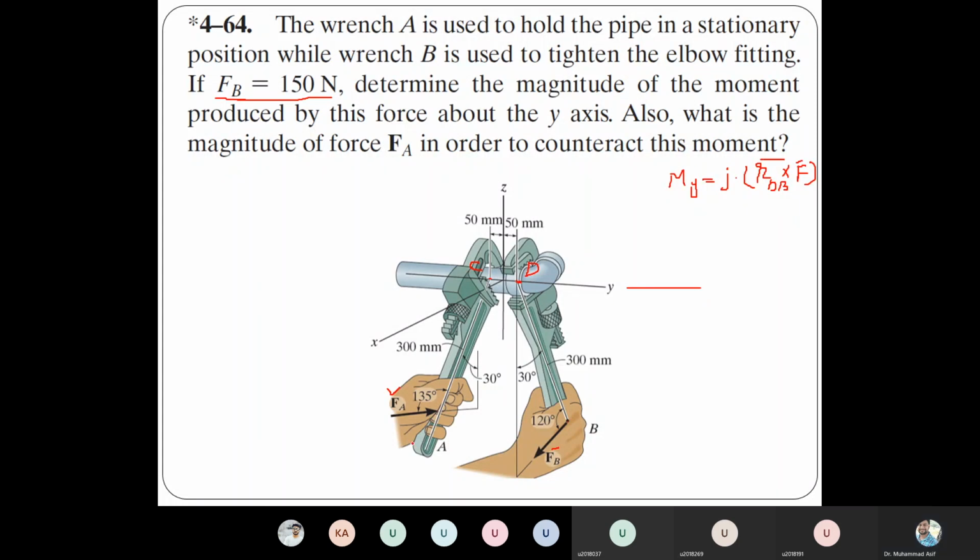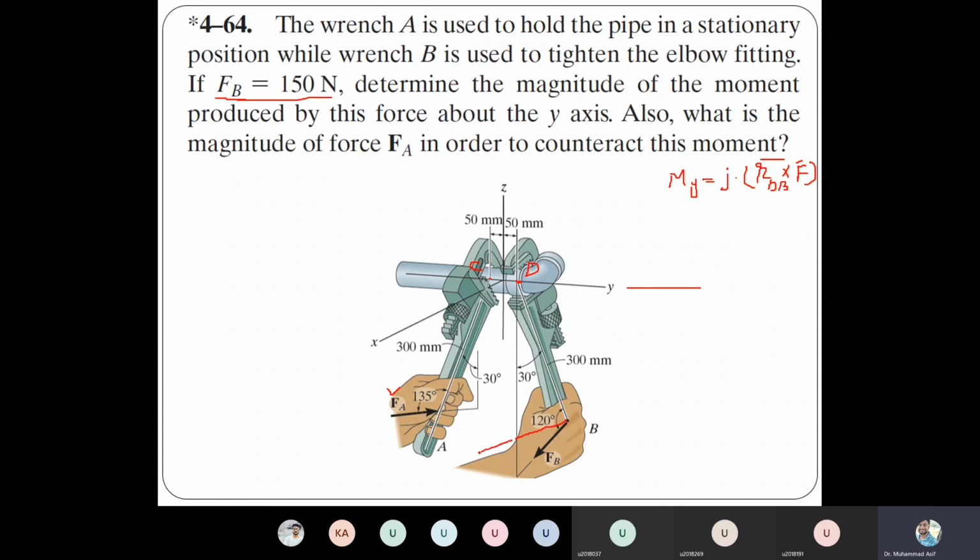So how to get, first of all, this force vector? I think we can use the angles. Let's say this is the z-axis, and parallel to the x-axis we draw a line.